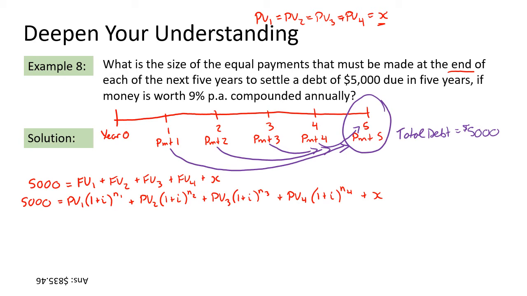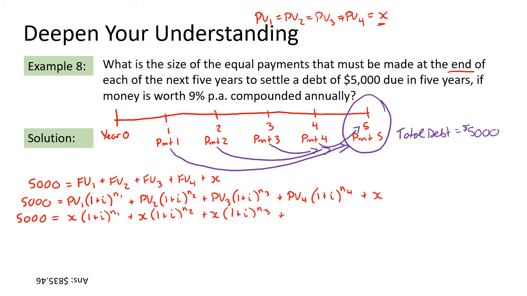So now if I rewrite that formula, we have 5,000 is equal to the first payment, x, times 1 plus i to the n1. All the rest of the terms are the same. I'm just substituting x in for each of these. Whoops, made a mistake.